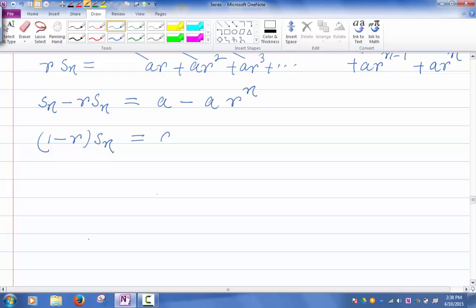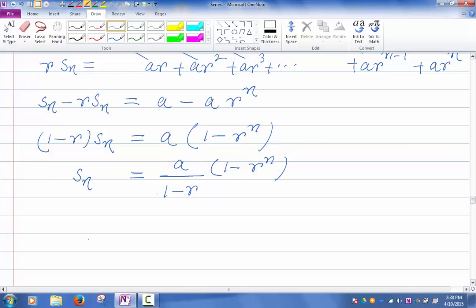And here I'm going to factor out a, and I get 1 minus r to the n. And finally I can say that Sn is equal to a divided by 1 minus r, multiplied by 1 minus r to the n. You agree with that? I'm dividing both sides by 1 minus r.